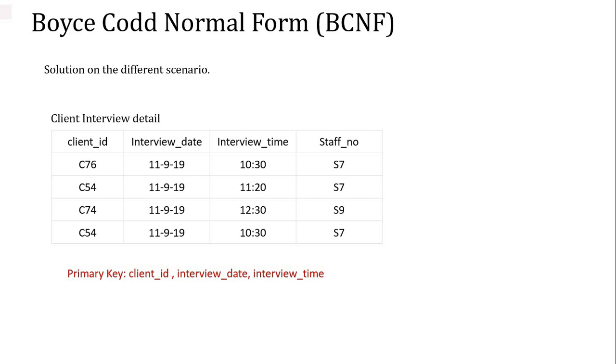So if we take only client ID and interview date, then it can be repeated. Suppose C76 or C54, and C54 comes 2 times on the same date. So if we make only client ID and interview date as a primary key, then it will create some chaos.